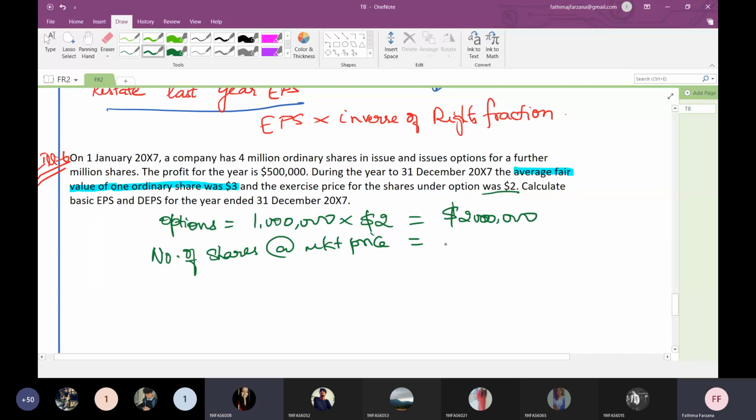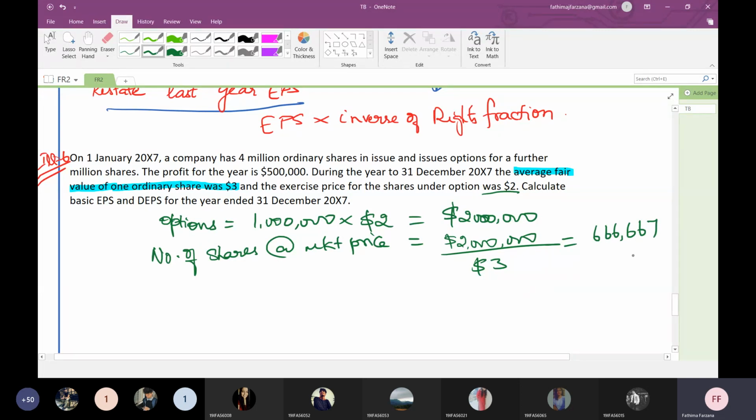666,666. Yeah, you're correct. How did you get it? Yeah, I divided it by 3, ma'am. Correct. So 2 million divided by 3. So you got 666,667. Correct. So you know 2 by 3 always comes like this.